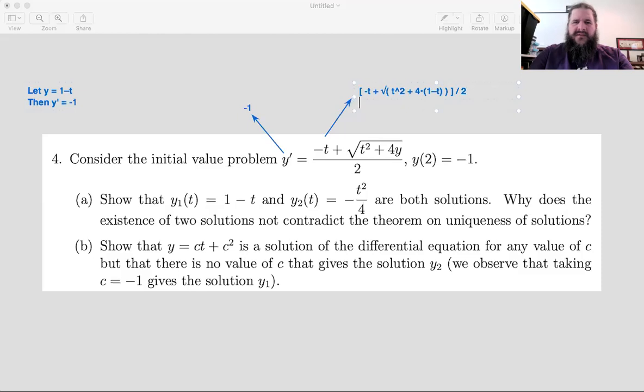So to simplify that, we got negative t plus square root of t squared plus 4 minus 4t. So t squared minus 4t plus 4, all divided by 2. Can we factor t squared minus 4t plus 4?